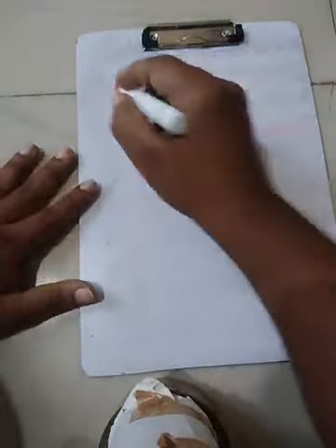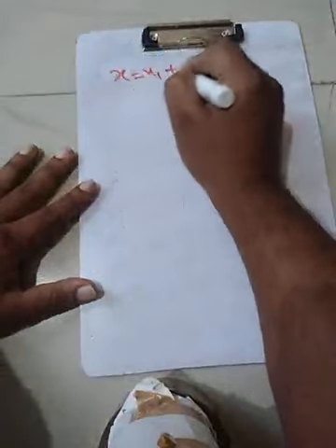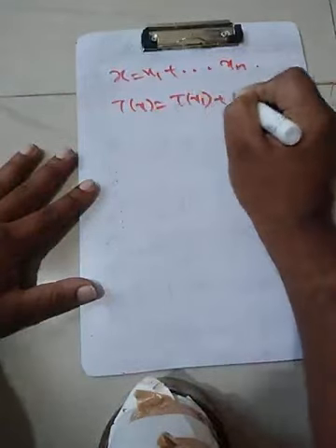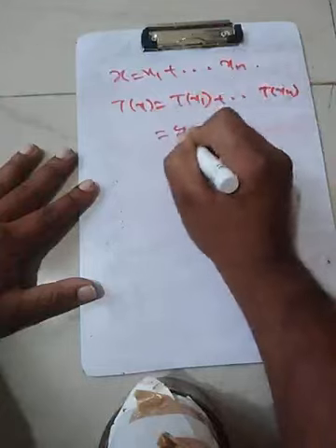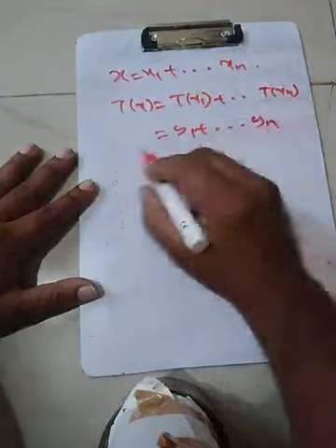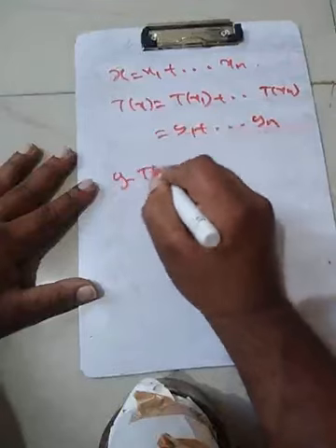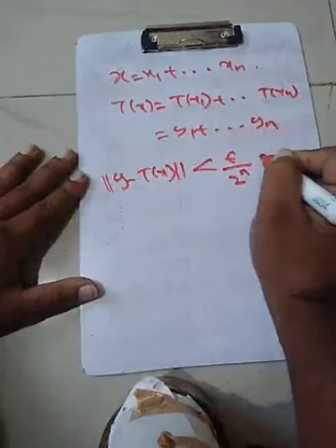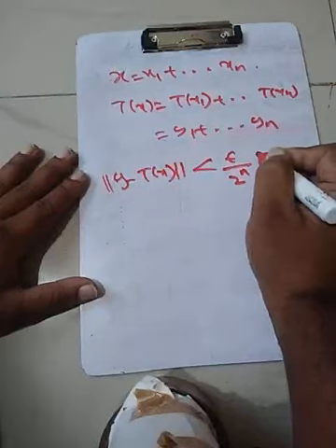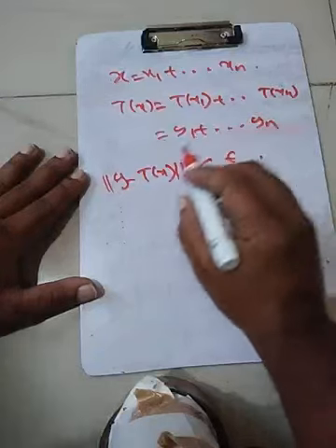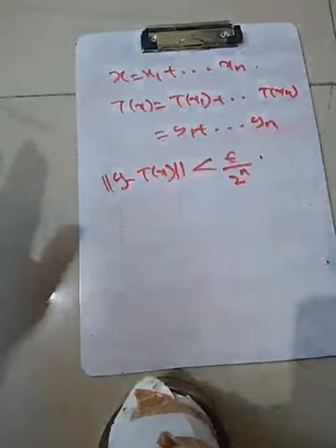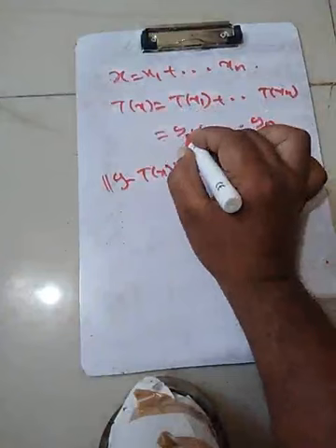So what do we get? Let x be equal to x1 plus up to xn. So T of x is T of x1 plus up to T of xn, which is nothing but y1 plus up to yn. So if you look at the norm of y minus T of x, this is strictly less than epsilon upon 2 raised to n. And y1 is T of x1 and so on.